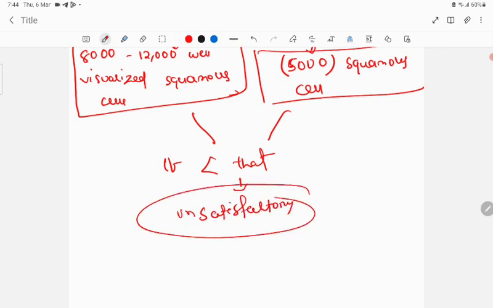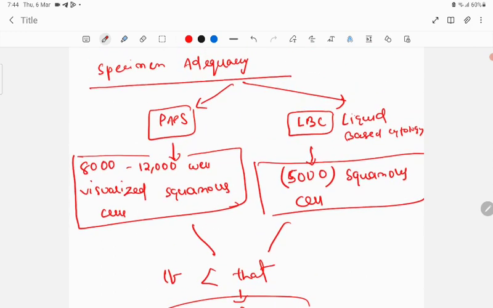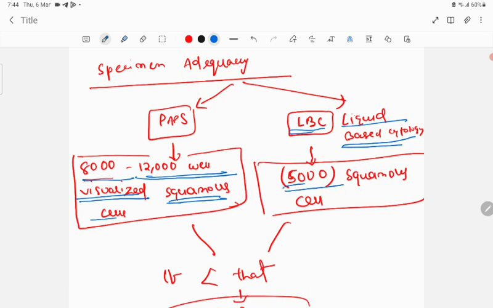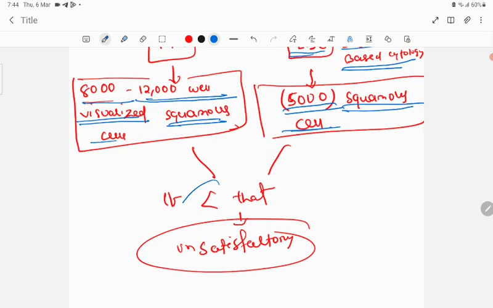For a PAP smear to be satisfactory, there should be 8,000 to 12,000 well visualized squamous cells. For liquid based cytology, 5,000 squamous cells have to be there. If it is less than that, it is called unsatisfactory.